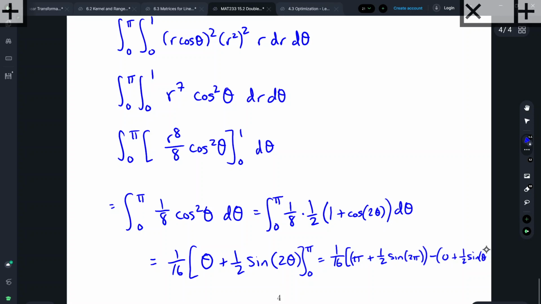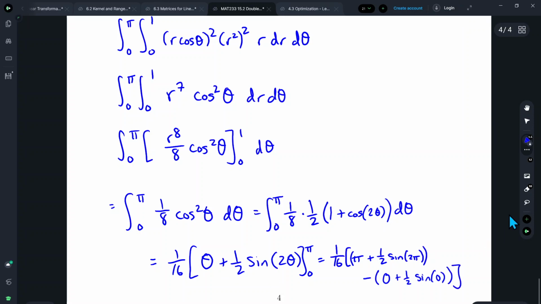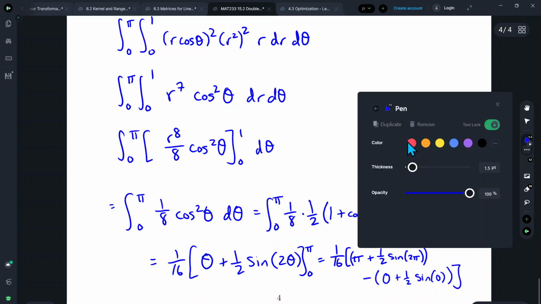That should be 0. Okay, so then minus, I'm plugging in 0, right? So 0 goes in for theta, so that's 0, and then plus 1/2 sine of 0. Okay, so we have that, and luckily most of these cancel out, right?